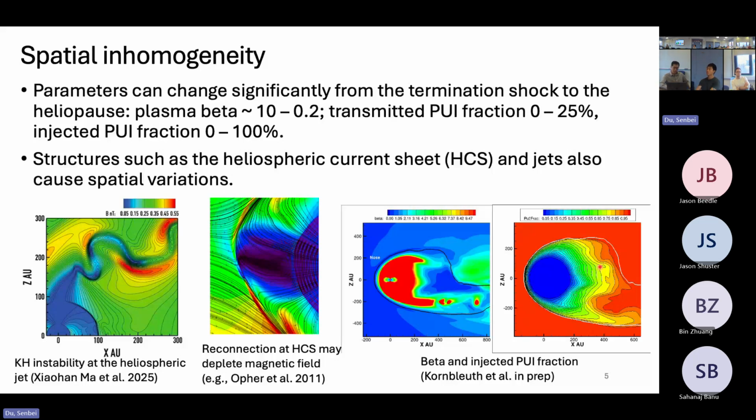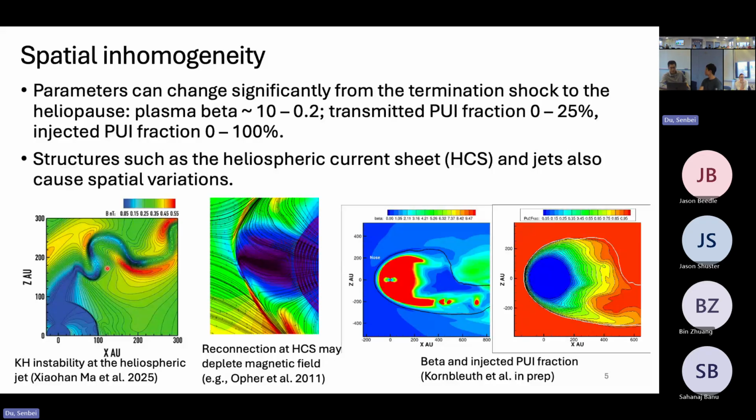And so there are also large-scale structures, such as the heliospheric current sheet, that can affect the plasma conditions. For example, the second panel suggests that the reconnection at the heliospheric current sheet can deplete the magnetic field in the so-called sector region of the solar wind, and that leads to a lower magnetic field.